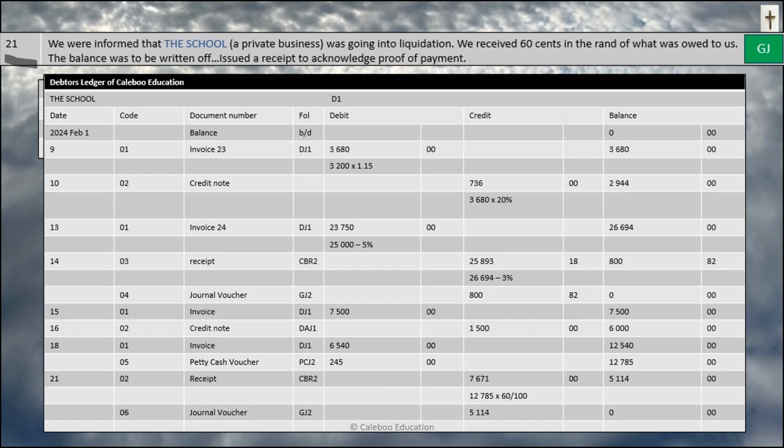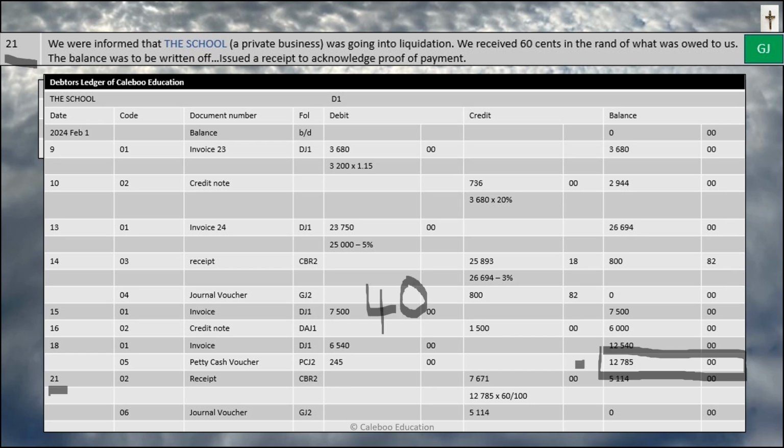So we go and have a look on the 21st. What was owed to us? Well, before the 21st, because this all took place on the 21st, the amount you can see there is 12,785.